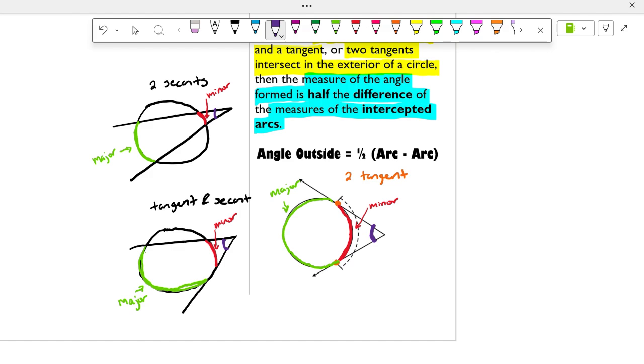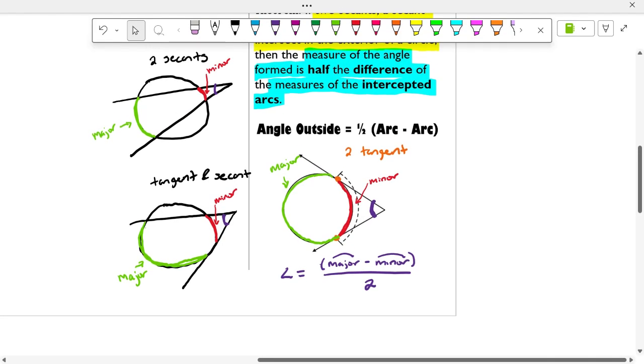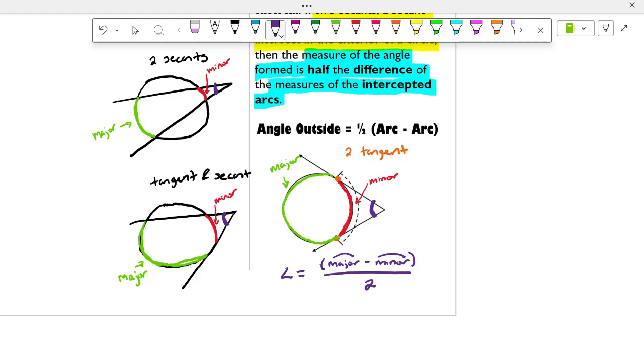That outside angle is equal to the measure of the major arc minus the measure of the minor arc, and then you divide it by 2. So again, this is the angle which you're trying to find. It's the angle that's formed outside of the circle.